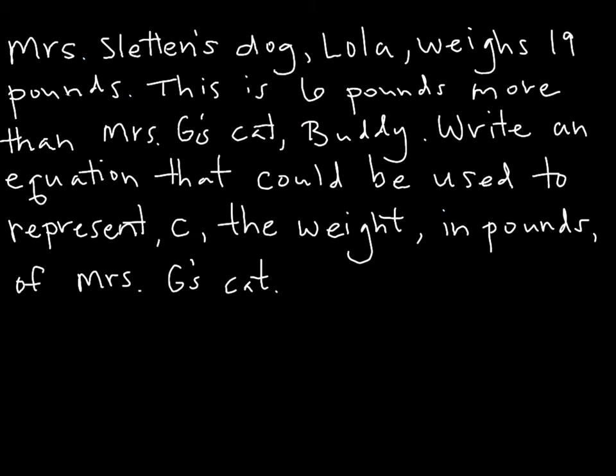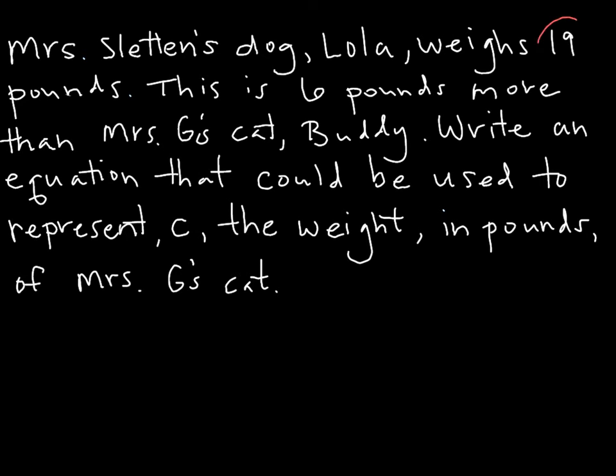All right, let's take a look at this one now. Mrs. Sletton's dog Lola weighs 19 pounds. This is 6 pounds more than Mrs. G's cat Buddy. Write an equation that could be used to represent C, the weight in pounds of Mrs. G's cat. All right, so this one obviously is a lot more lengthy than the ones that we've done before. But let's just go through and mark the text. I'm going to start by circling my numbers.